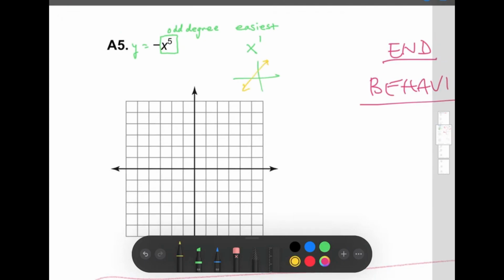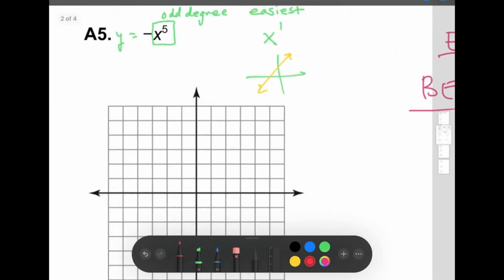Okay? Now, what does this negative sign do? This negative sign, it flips it over the y-axis. Okay? So instead of the arrows being in quadrants one and 3, it's now going to be flipped to 2 and 4.